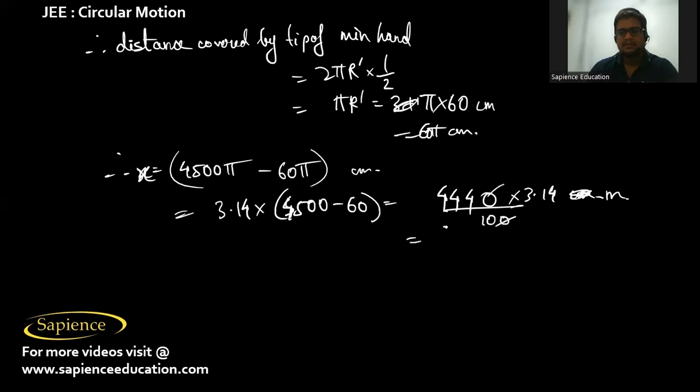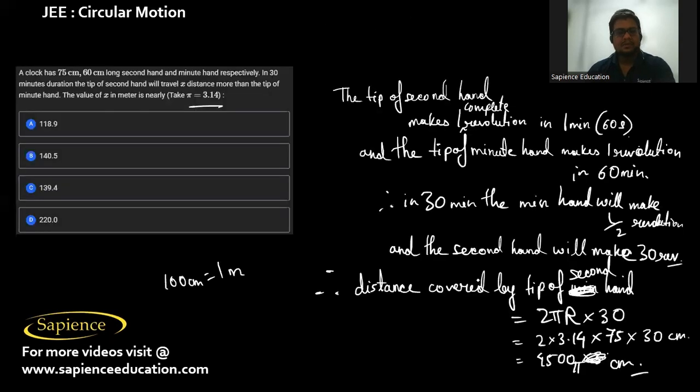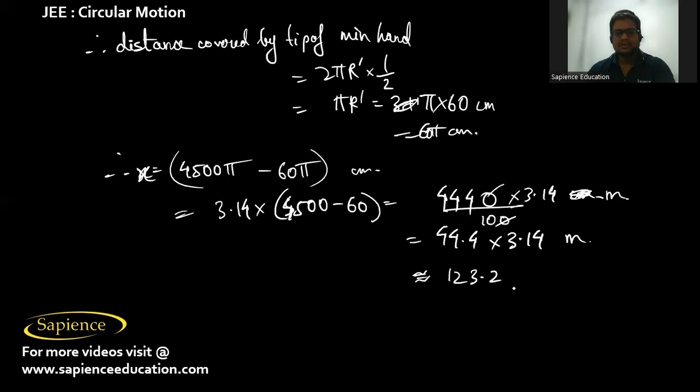So this will be 44.4 into 3.14 meters. It is slightly more than 123.2.